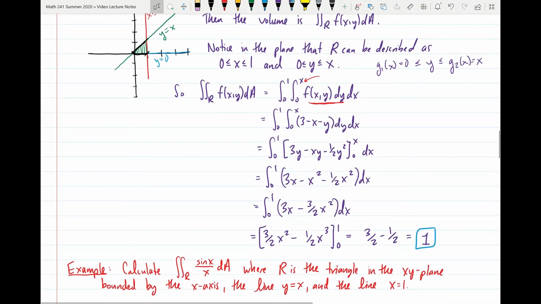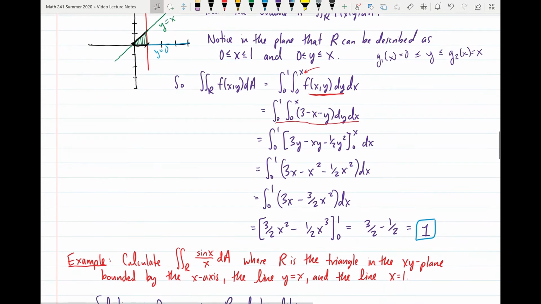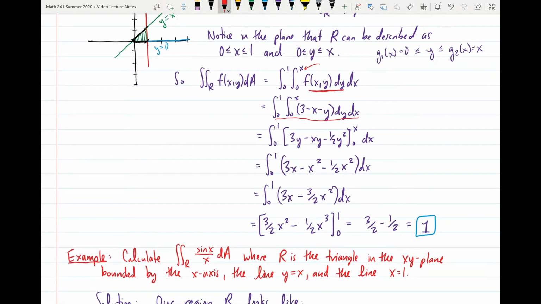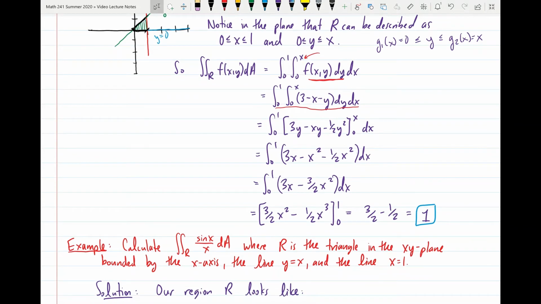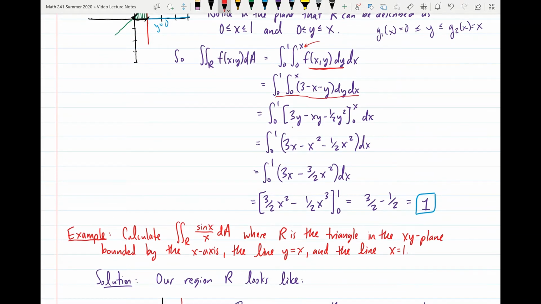But anyways, so now in the second step, we're just going to substitute in for f of xy, which is equal to 3 minus x minus y. And now we're going to take the integral of 3 minus x minus y, where we treat x as a constant, and we integrate with respect to y. So we end up with 3y minus x times y minus 1/2 times y squared from 0 to x.